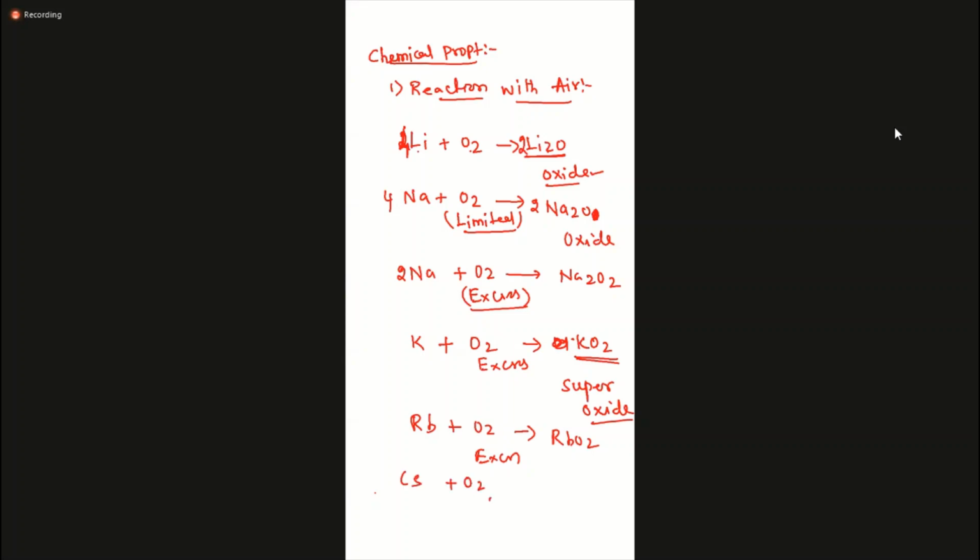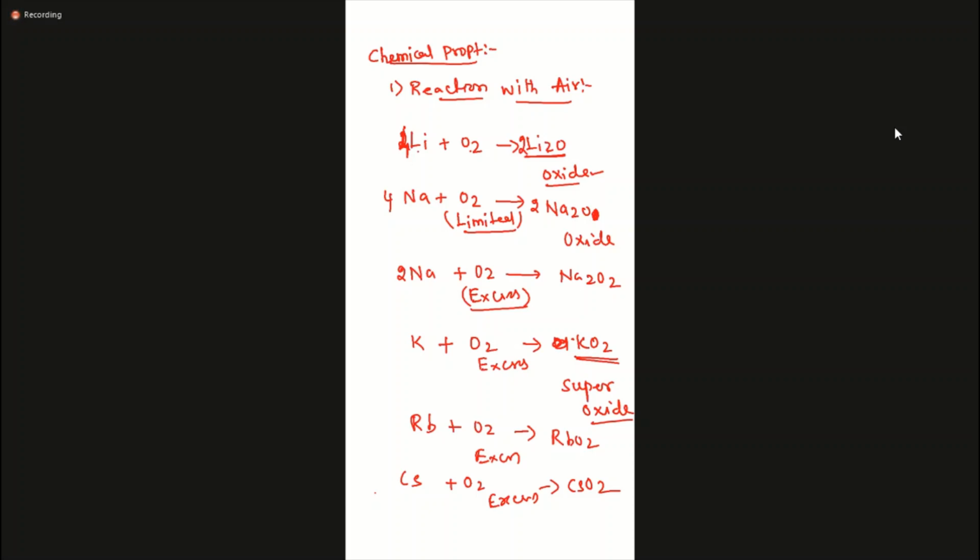Cesium reacts with excess oxygen to give CsO2. Cesium superoxide, rubidium superoxide, potassium superoxide will form. But lithium forms only oxide, sodium forms oxide and peroxide, potassium forms oxide, peroxide and superoxide. Rubidium forms oxide, peroxide, superoxide. Cesium forms oxide, peroxide, superoxide, but mainly superoxide.